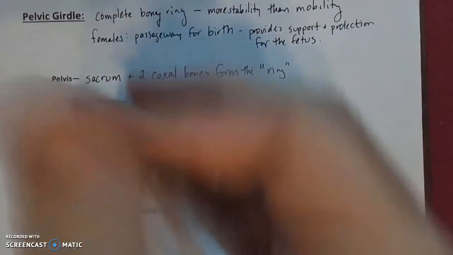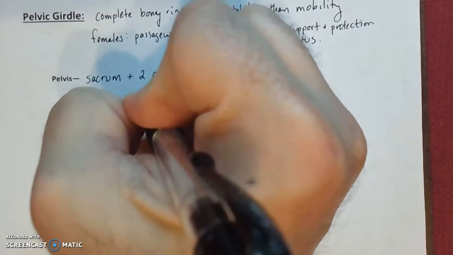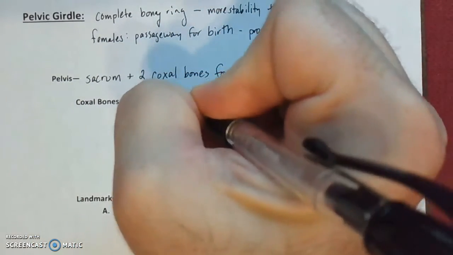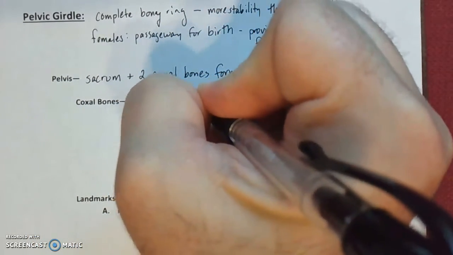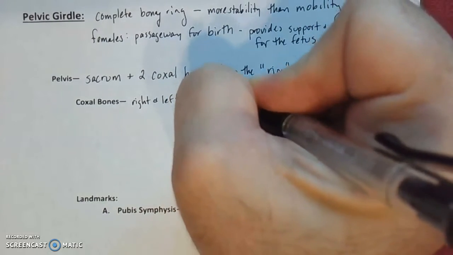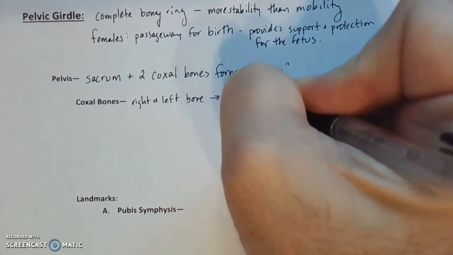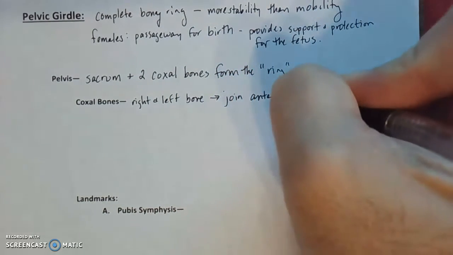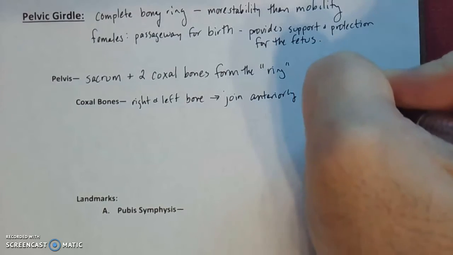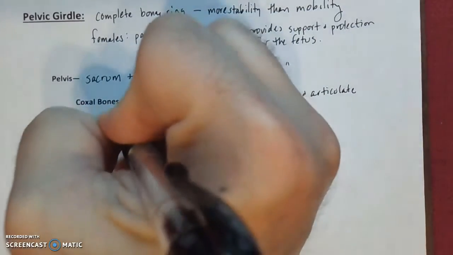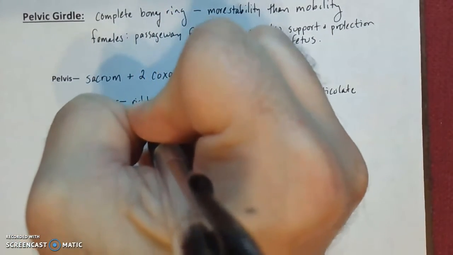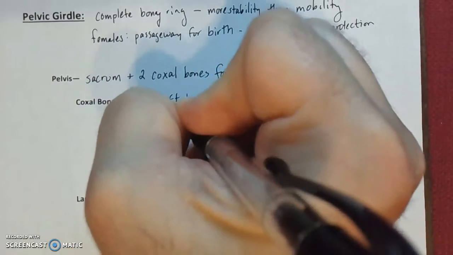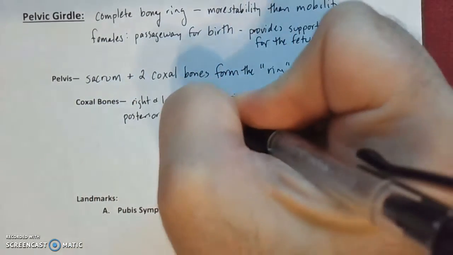Now, the coxal bones, we have a right and left bone. They join anteriorly and articulate posteriorly with the sacrum.